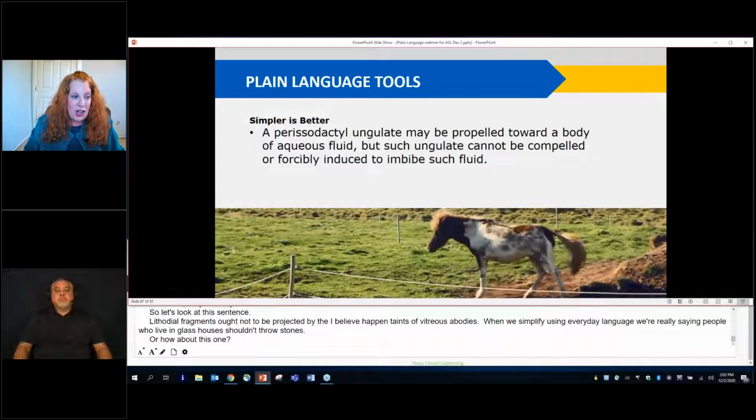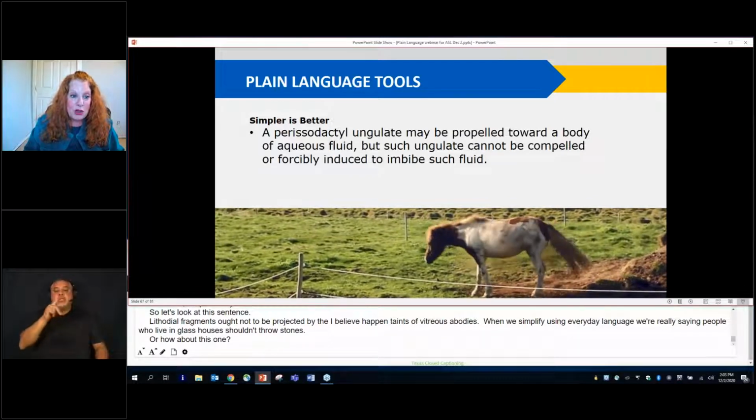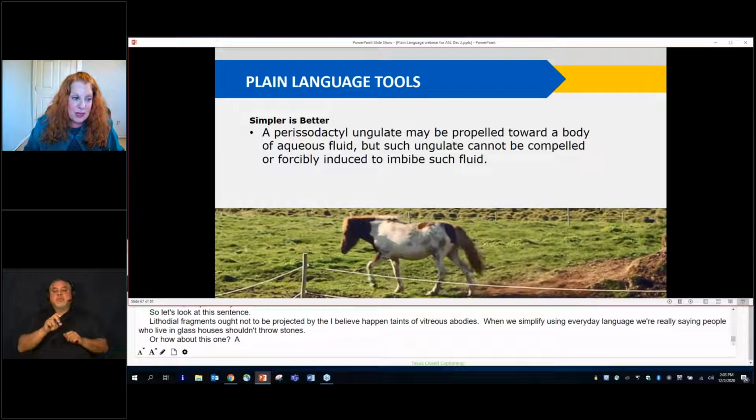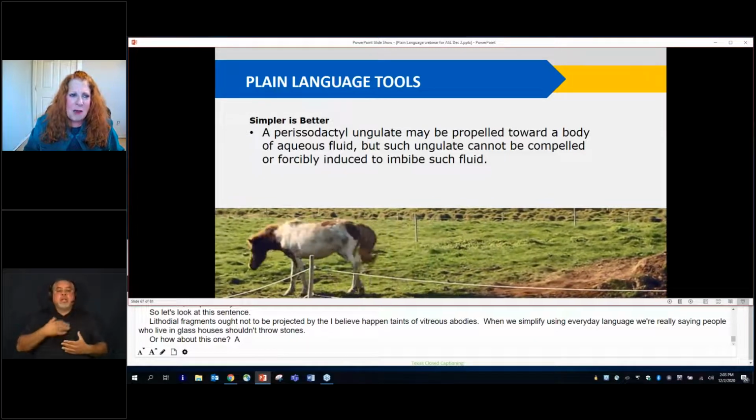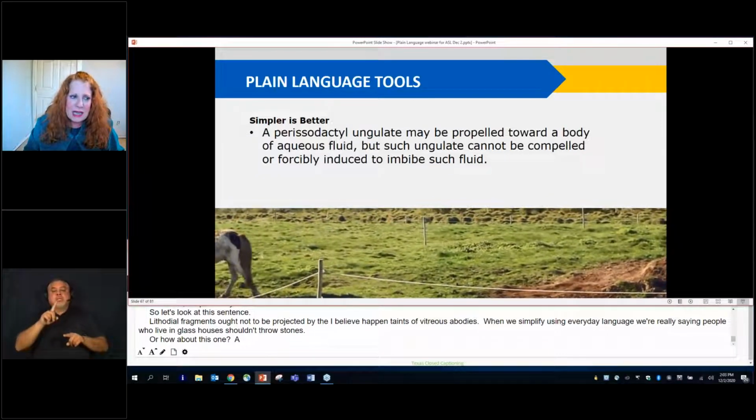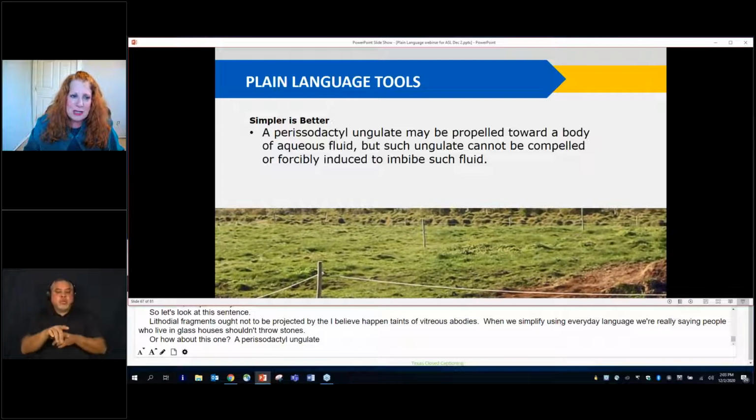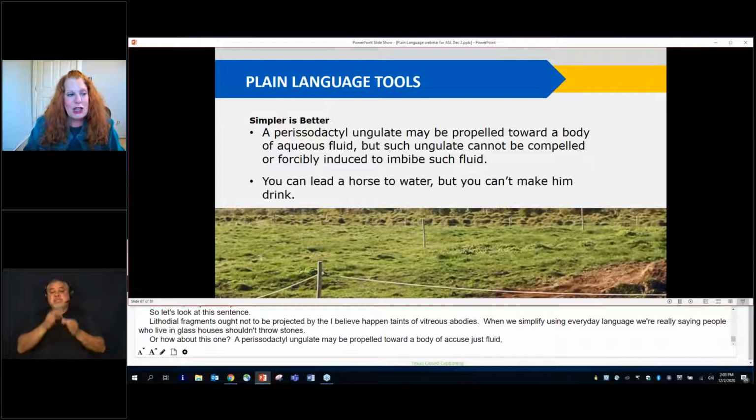A percedile ungulate may be propelled toward a body of aqueous fluid, but such ungulate cannot be compelled or forcibly induced to imbibe such fluid. Basically, in much simpler ways, we're saying you can lead a horse to water, but you cannot make him drink.